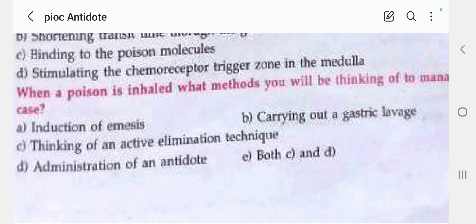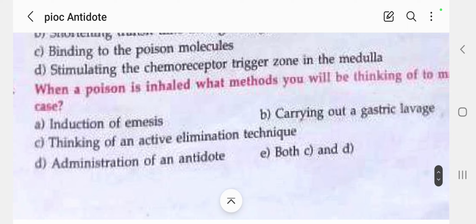We will go with that option, carrying out a gastric lavage or thinking of an elimination technique, or the induction of emesis, that is supportive therapy.